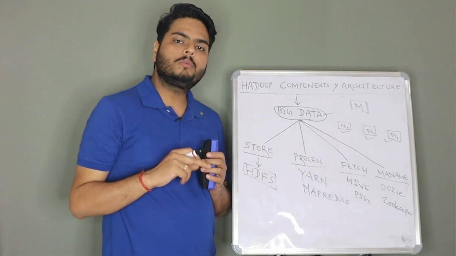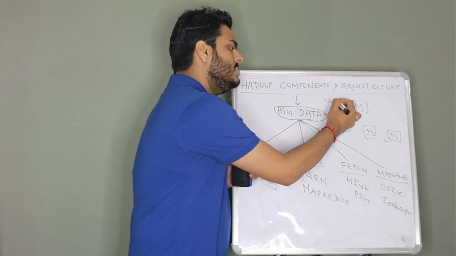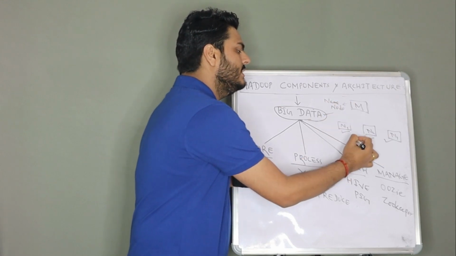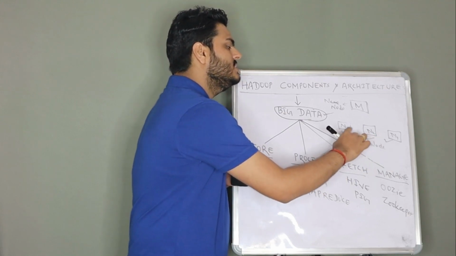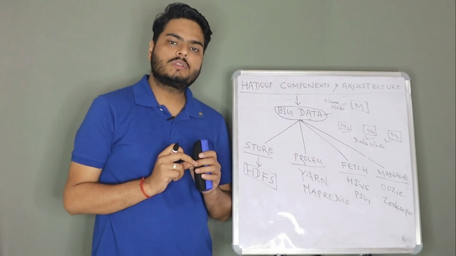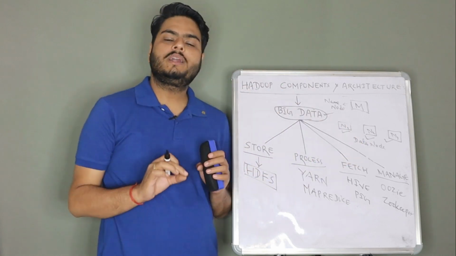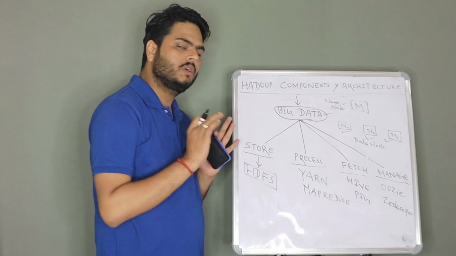In the world of Hadoop, this is known as the name node, and these nodes are known as data nodes. All these nodes are data nodes and this is known as the name node. The name node stores the metadata information and the data node stores the actual data. This is how the HDFS system works.